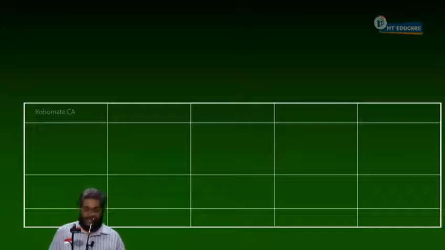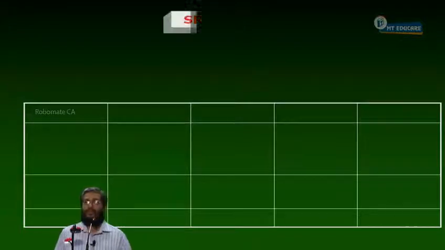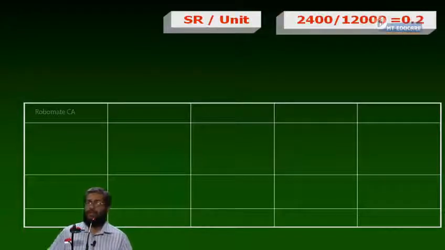SR per unit is equal to BFO by BO, which is equal to 2,400 divided by 12,000. It is 0.2 per unit.